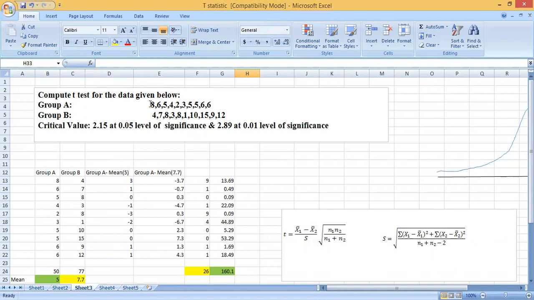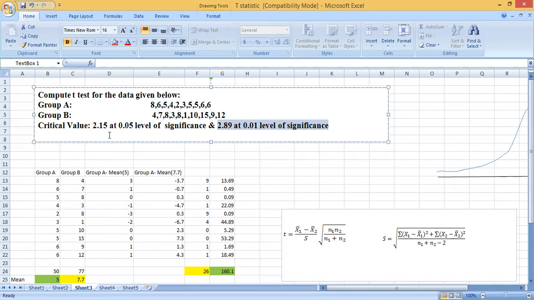In group A there are 10 values, and in group B there are also 10 values. Critical values are given at the 5% level and the 10% level. You have to find the t value.